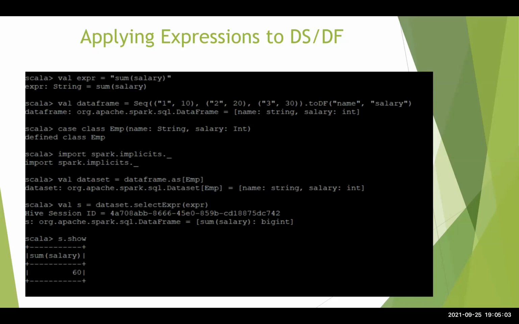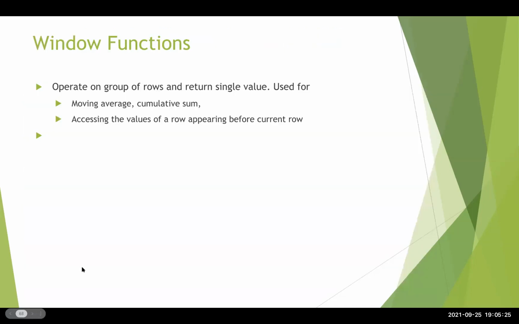Because implicits are there, it automatically gets converted. Now I say dataset.selectExpr, and I pass this expression, which is nothing but sum of salary. So it will give me sum of salary, and I say show. This is another way if you want to get some aggregates from some data set or data expression.